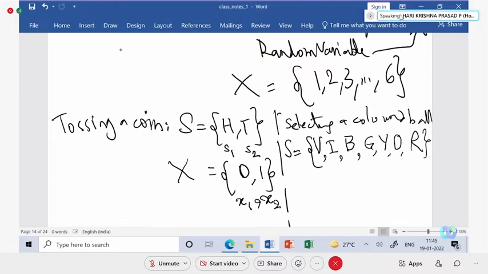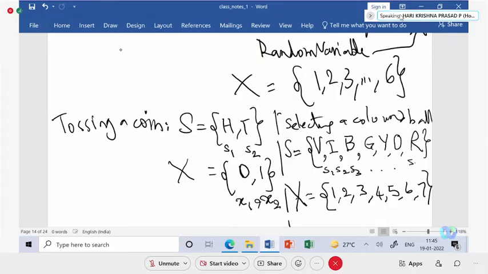Now, to each possible outcome, I assign a numerical value 1, 2, 3, 4, 5, 6, 7. The set of these numerical values is represented by capital X. What are the elements in the sample space for this second experiment? Sample space elements are represented by S1, S2, S3, and so on, S7.